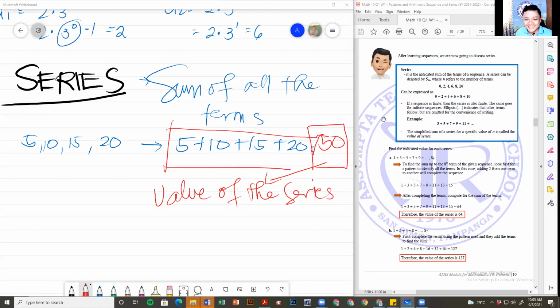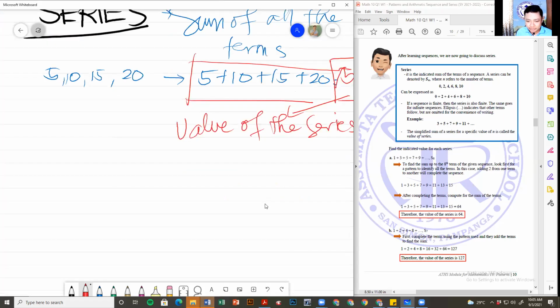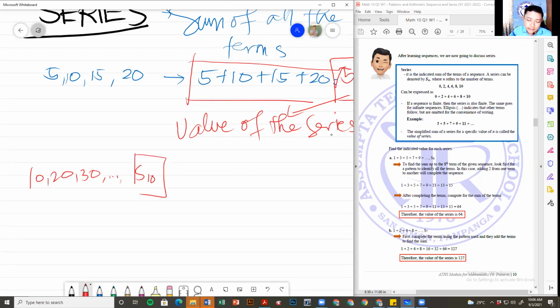Let's now continue. Of course, that's the very basic. If ever we are asked to find, for example, 10, 20, 30, and so on, and then S sub 10. If we encounter this kind of symbol, then we are asked to add all the terms in the sequence from the first to the 10th term.